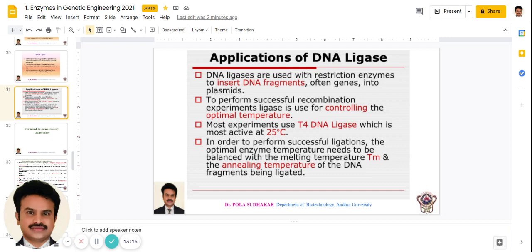Ligase enzymes help in ligation of vector and inserting recombinant DNA. They help in ligation of linkers or adapter molecules at the blunt ends of DNA fragments. They help in sealing nicks in double-stranded DNA. Ligase enzymes require 3' hydroxyl and 5' phosphate groups for ligation.